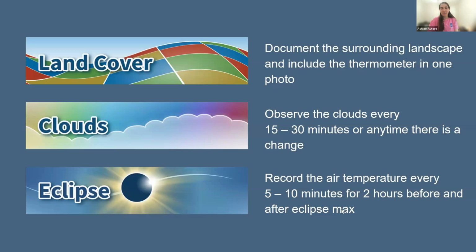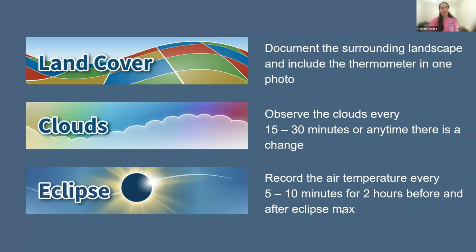When you submit data for a solar eclipse through the Globe Observer, this is just a little snapshot of what we ask for. We ask you to show us your land cover so we can see what type of environment you're in, as well as your thermometer, so we can make sure you're not using something like a meat thermometer trying to measure the temperature. We ask you to show us the clouds every 15 to 30 minutes or anytime you see something changing.